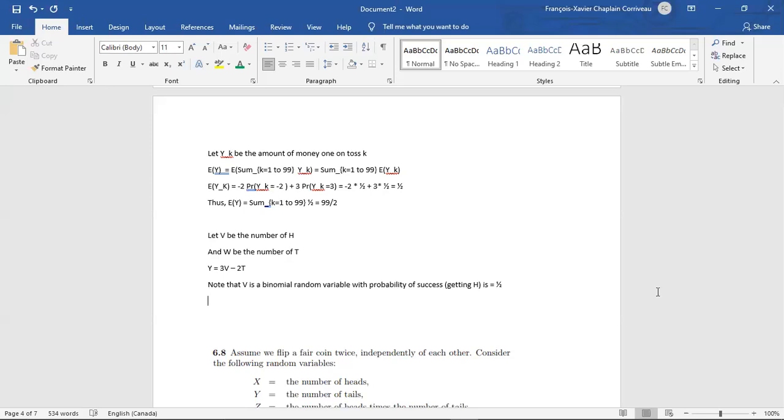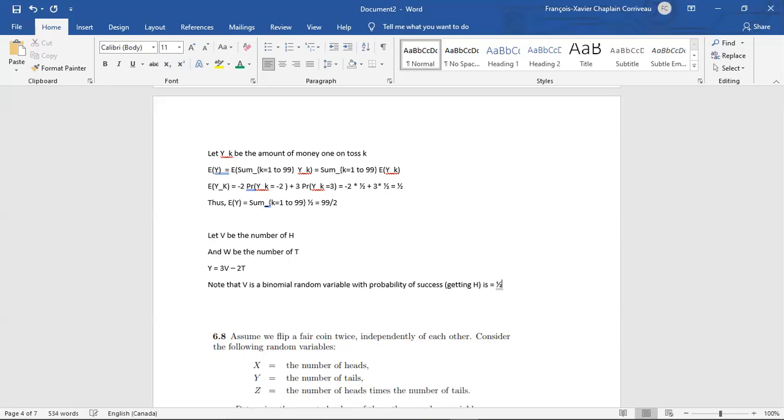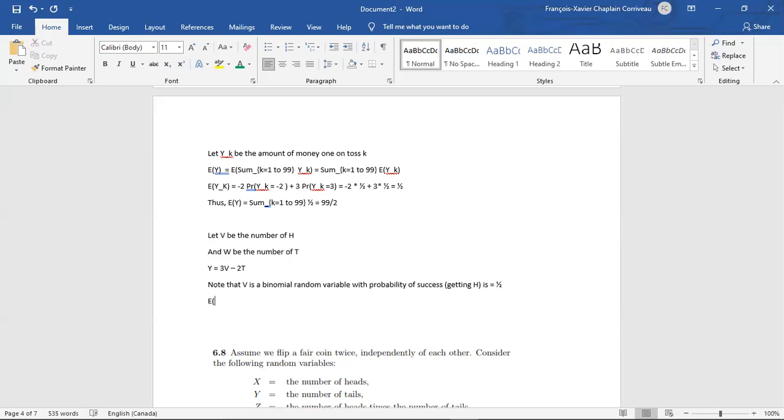And now we know from class, or maybe it's even better to just say, that the expected value of V is equal to 99 over 2 from the theorem seen in class. So you multiply the number of trials by the probability of success.